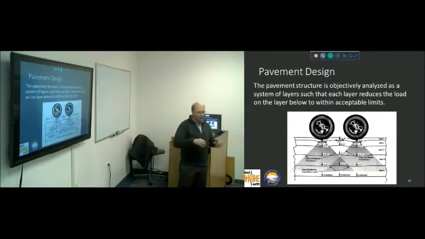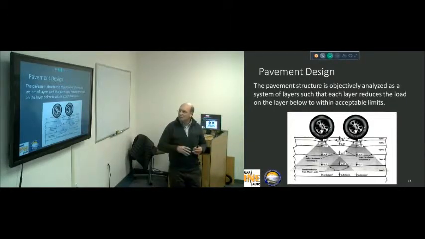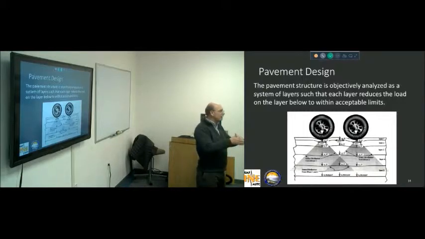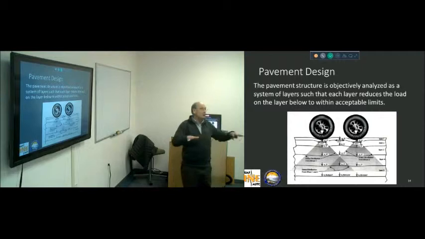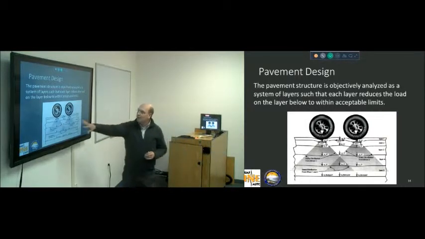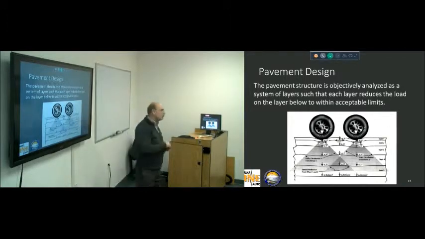We usually see it going out in a conical fashion. The exact slope of that depends on the strength of the materials. It won't go exactly straight. If it's softer materials, it'll go out flatter. If it's stronger, it'll go out steeper. But nonetheless, we'll see that. So one of the first places we look is at the bottom of the pavement layer.